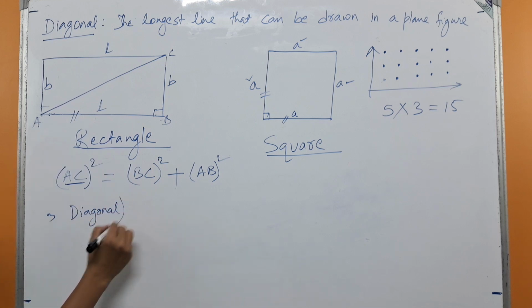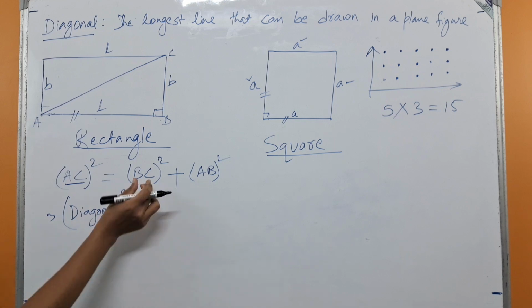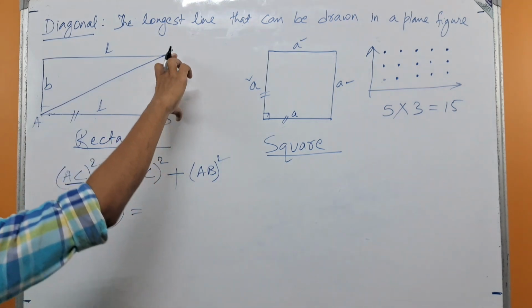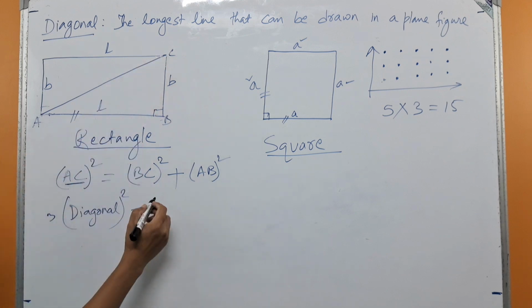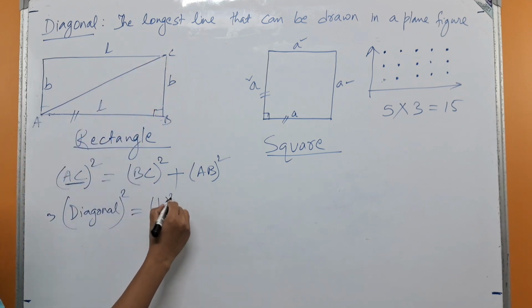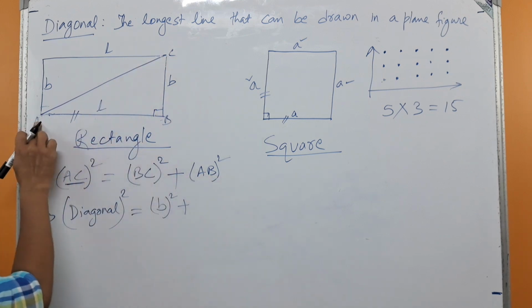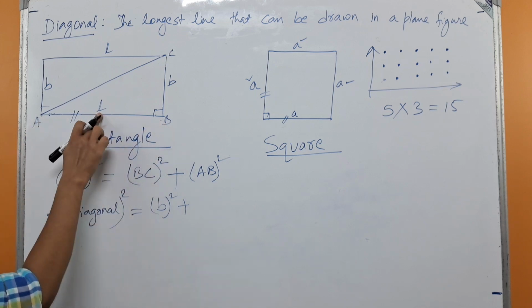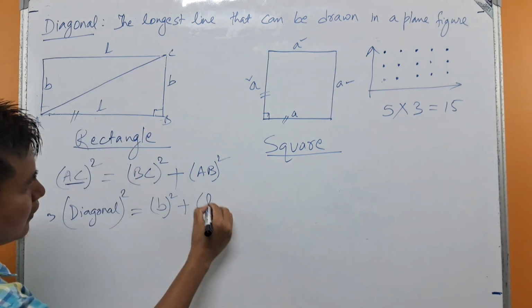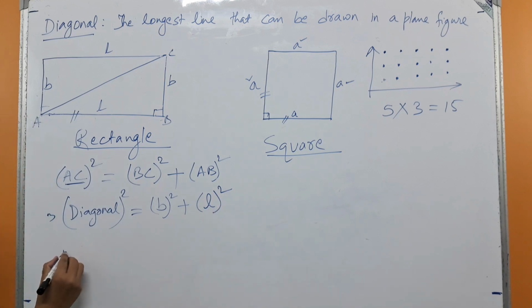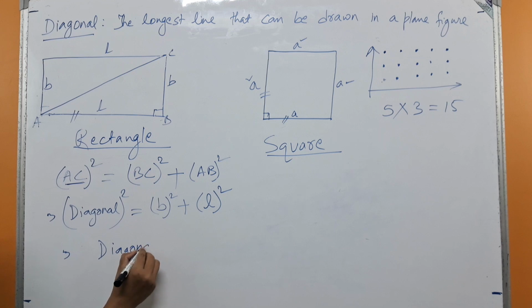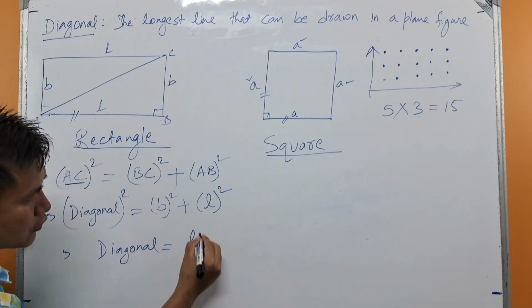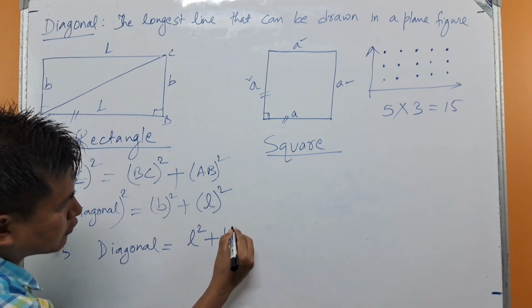Now what is AC? AC is length of the diagonal, isn't it? Diagonal square equal to BC. BC is the breadth of this rectangle B, so we write B square plus AB. AB is the length of this rectangle, that is L, so we write L square. Or length of the diagonal equal to, we have L square plus B square here, so we write L square plus B square.